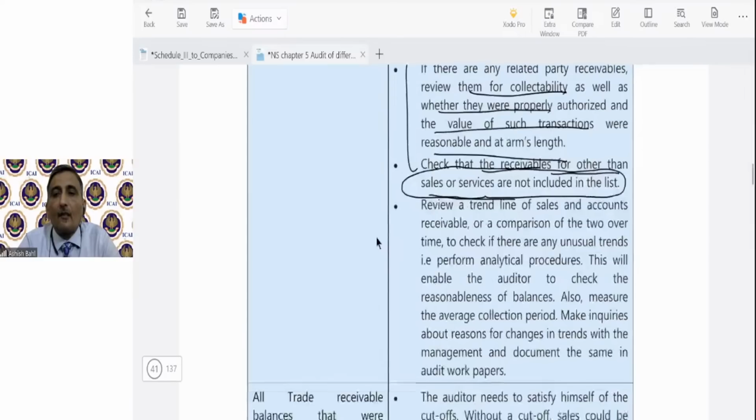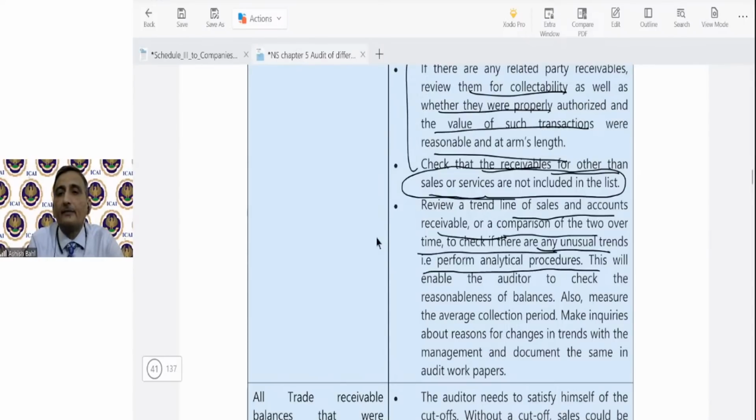Okay. And another type of procedure could be review a trend of sales and accounts receivables and to see if there are unusual trends.